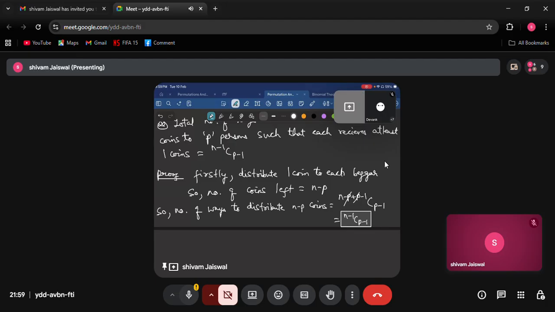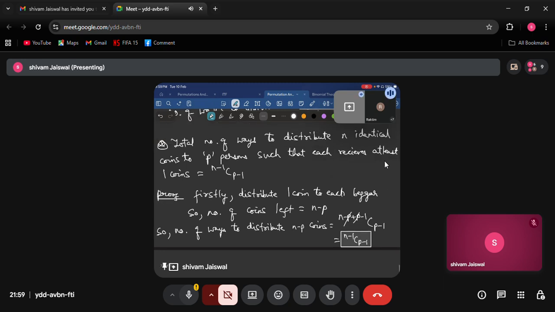Sir, I have a doubt in the previous one. In the previous case we were considering the number of coins to be one less than the number of beggars, p minus 1. Why did you introduce p minus 1 fake coins? Is it necessary that it should be p minus 1? I couldn't understand.